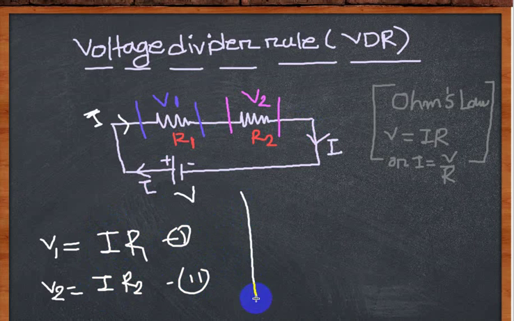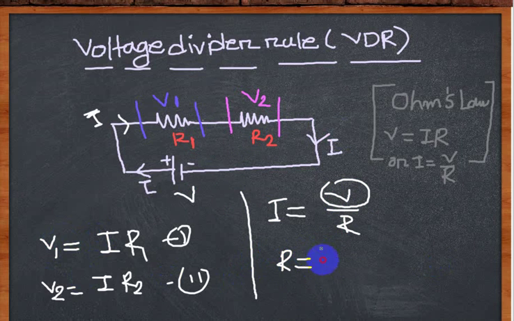To calculate the value of I, we can write I equals V by R. We know the value of V because V is basically the applied voltage. So we need to calculate the value of R. In that case, R is the equivalent resistance because the resistors are in series.